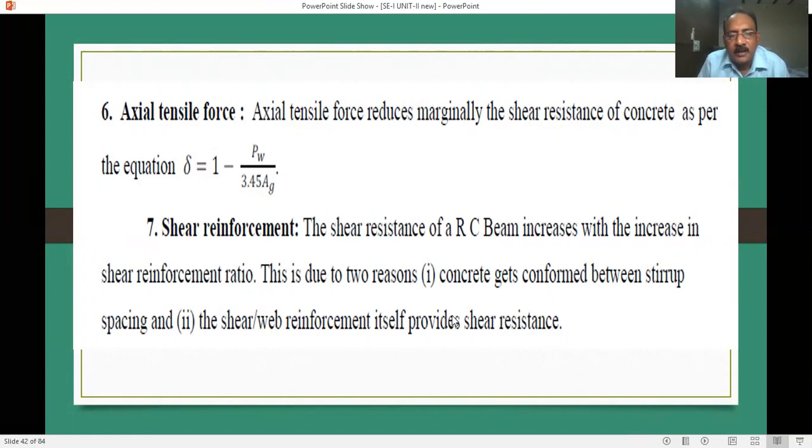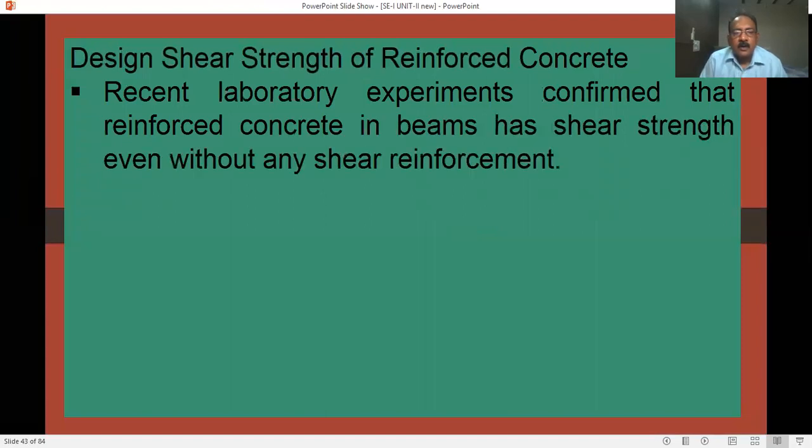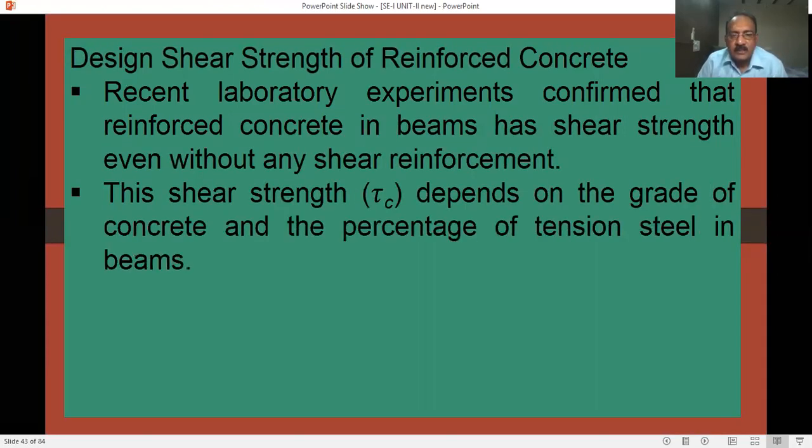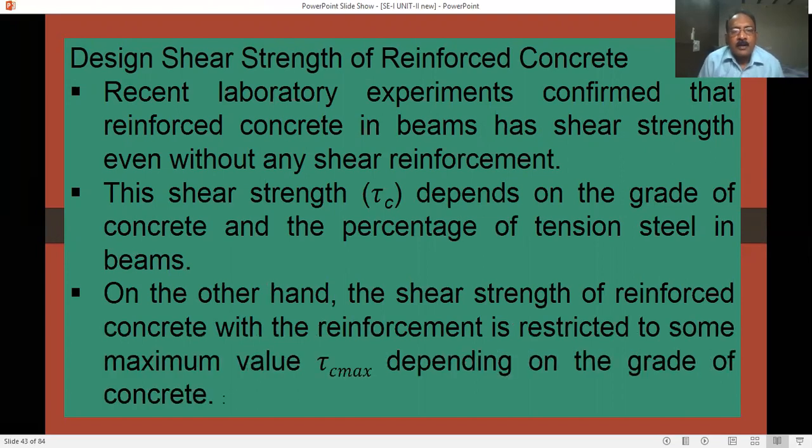The shear resistance of the RCC beam increases with increased shear reinforcement ratio. This is due to two reasons. One is that concrete gets confined between stirrups and spacing, and the shear web reinforcement itself provides shear resistance.